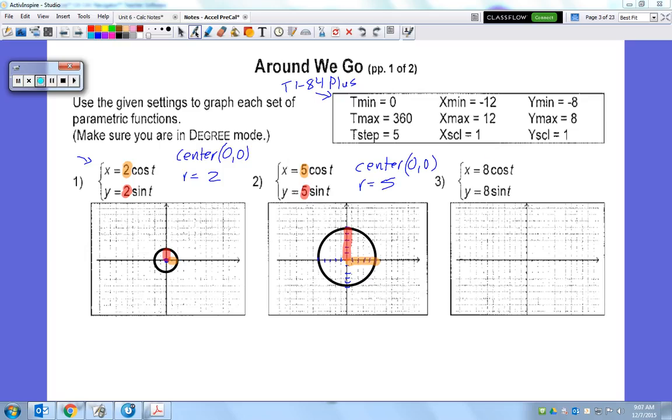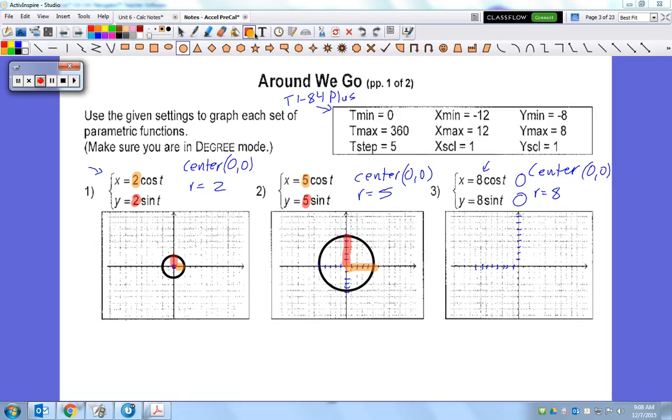So over here, the radius would be 8, and the center, because there's nothing over here, and you're going to see here in just a bit, would still be 0, 0. Okay, so we'll come over here, 1, 2, 3, 4, 5, 6, 7, 8. Let's see if we can draw this fairly accurately.